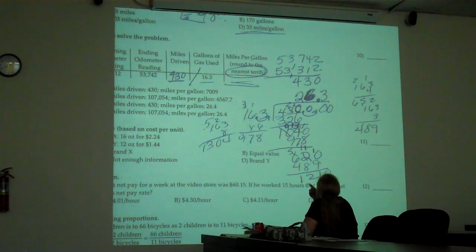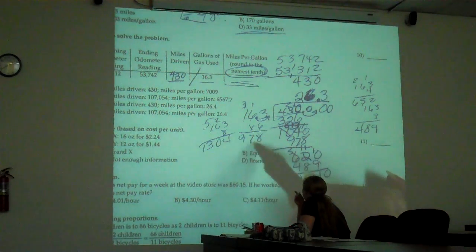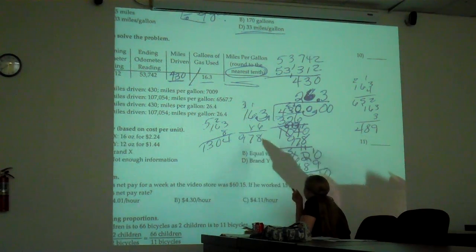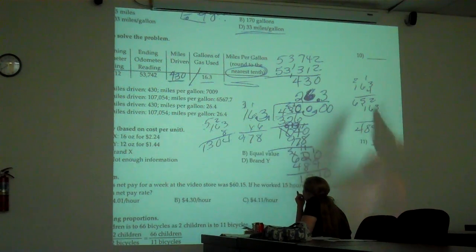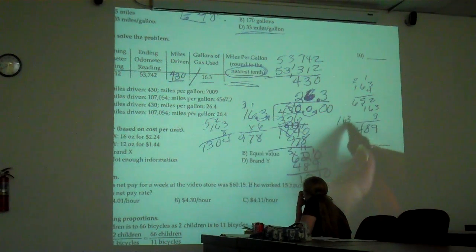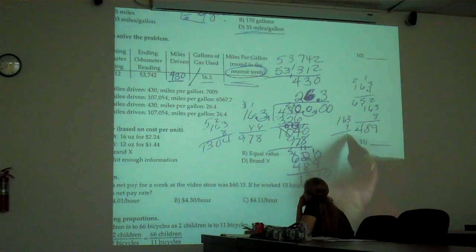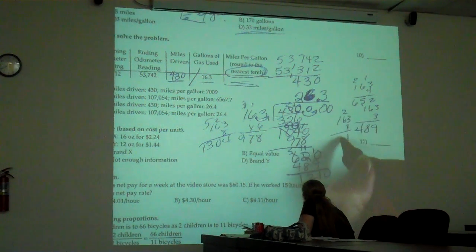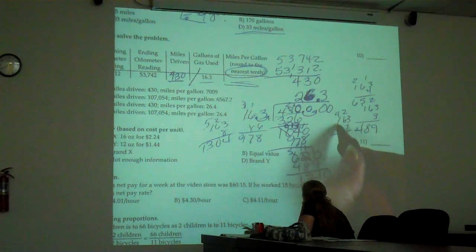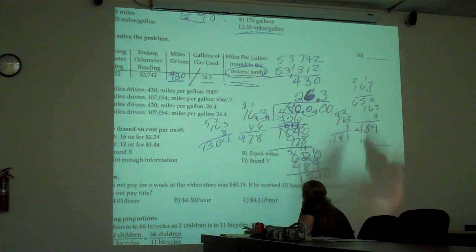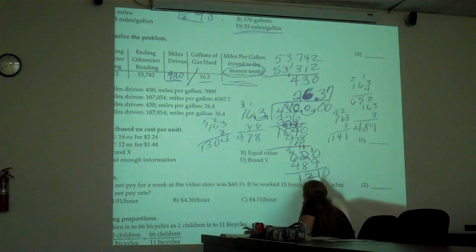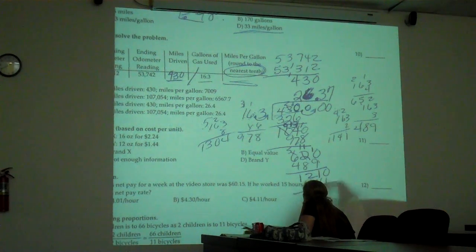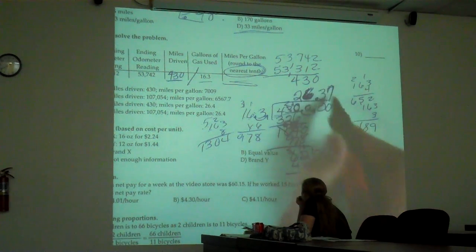Okay, wait. So I would probably go to 7 because 6 is small and 8's too big, so we'll go to 7. 7 times 3 is 21. 42, 44, 7, 8, 9, 10, 11. So it went 7 times. And we don't really need to subtract because we've done all we need to do up here.